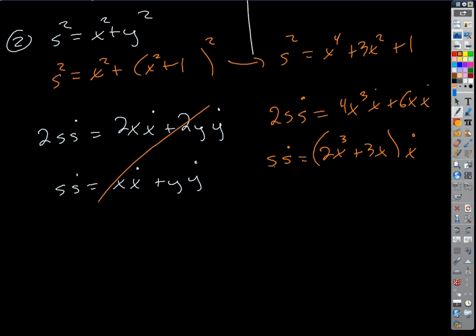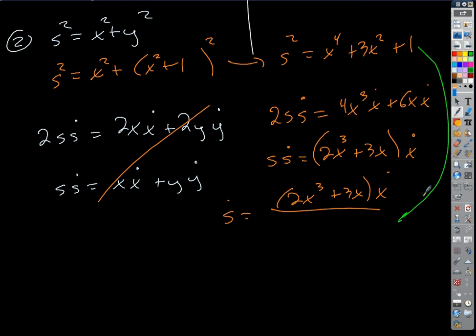Because look, I've got s squared defined up here. So instead of writing this as s dot equals 2x cubed plus 3x, x dot divided by s, I could instead write that with x's as the square root of x to the 4th plus 3x squared plus 1.